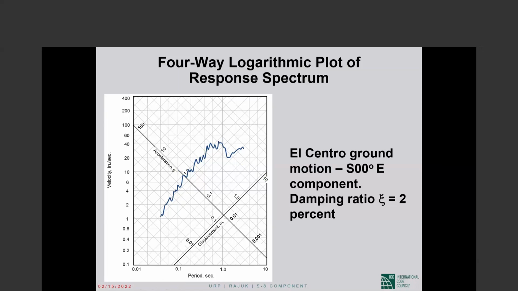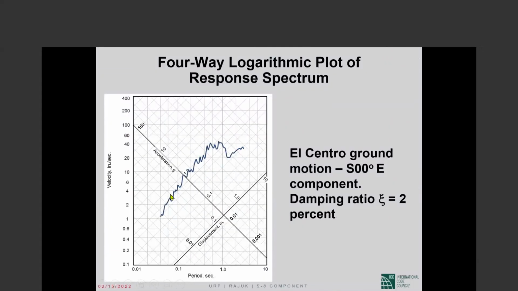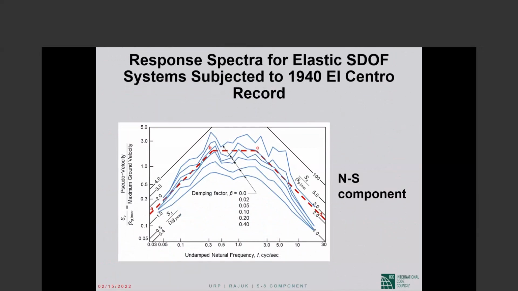So this one plot gives us all the information that we could obtain from the three different plots. Okay, this tripartite plot turned out to be quite important in the development of things even in building codes.